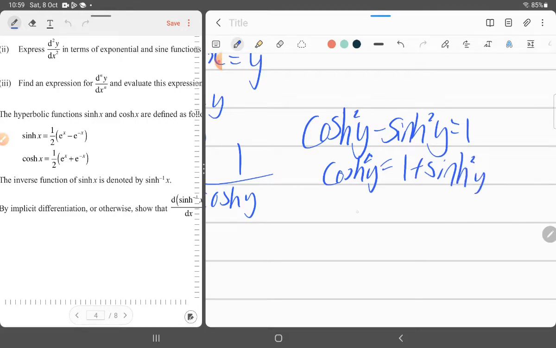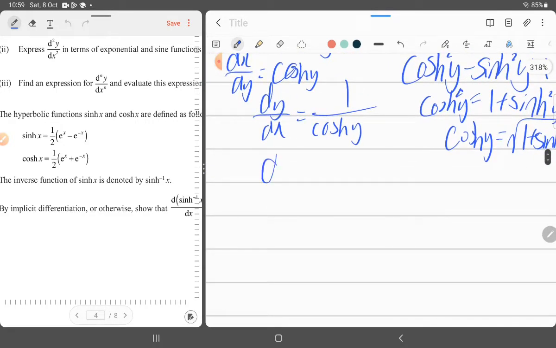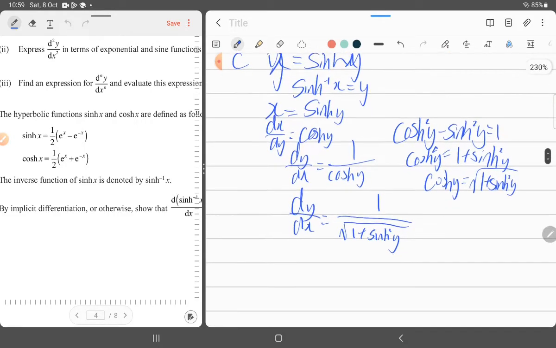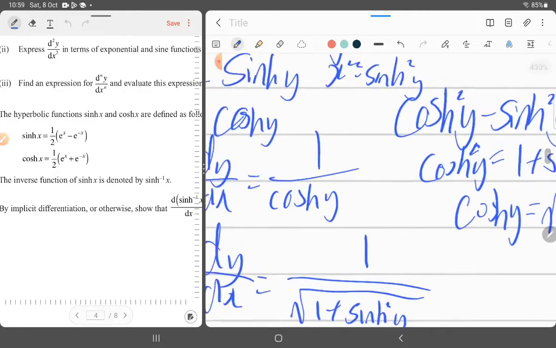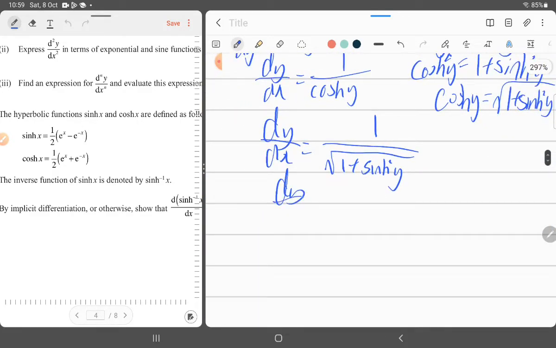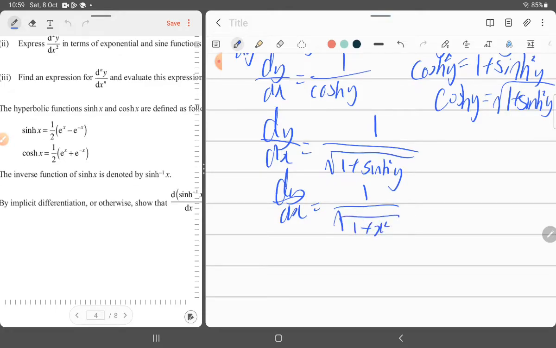Cosh y is equal to the square root of 1 plus sinh squared y. So dy over dx is 1 over the square root of 1 plus sinh squared y. But then sinh y equals x, so dy over dx is equal to 1 over the square root of 1 plus x squared.